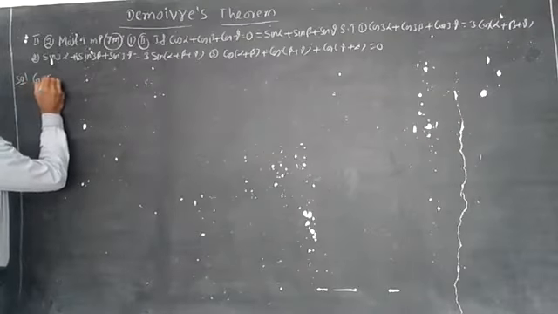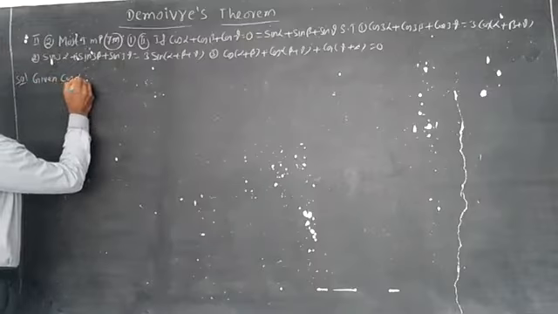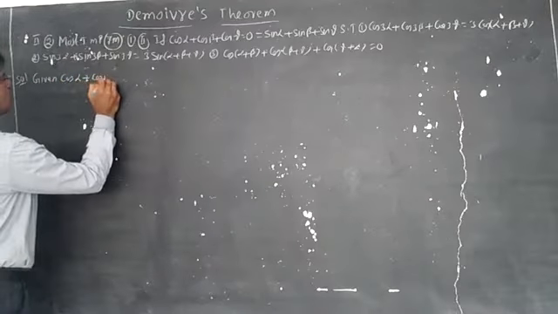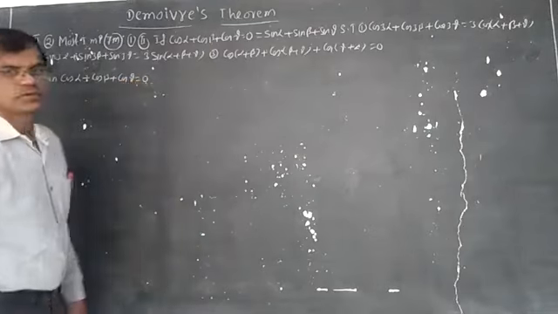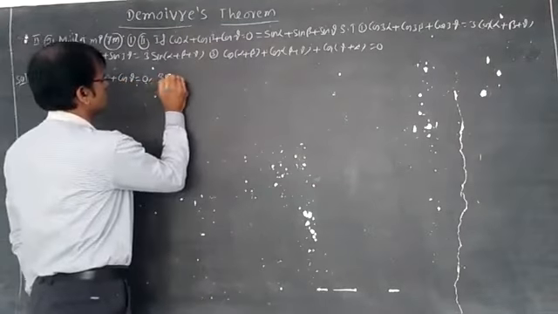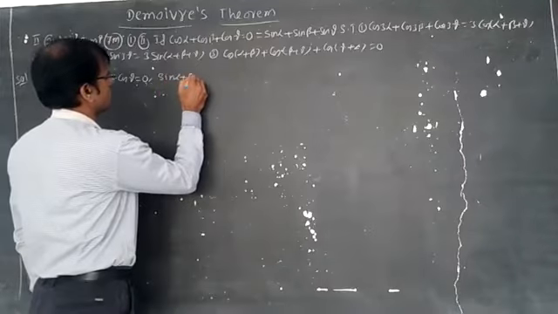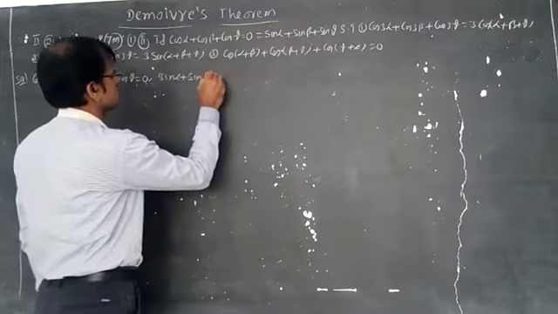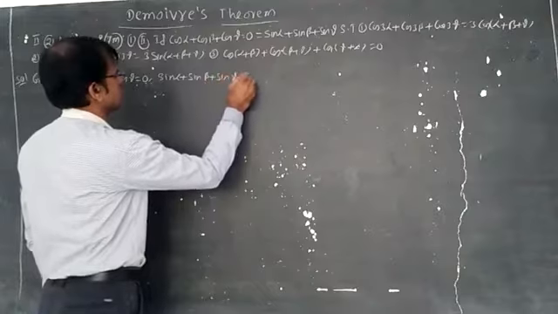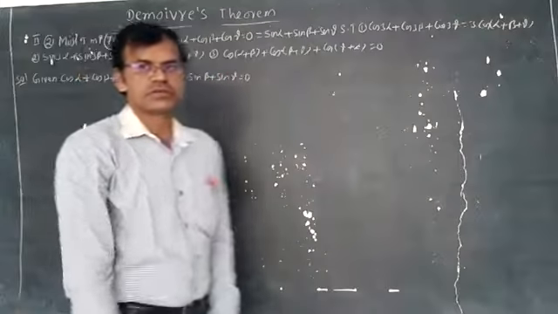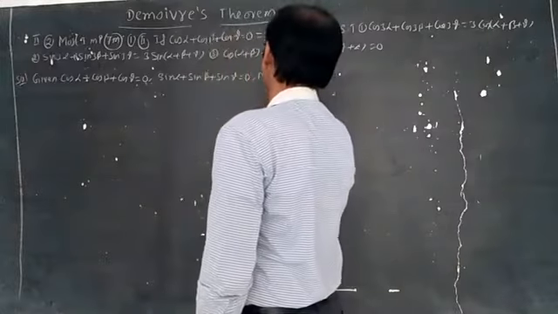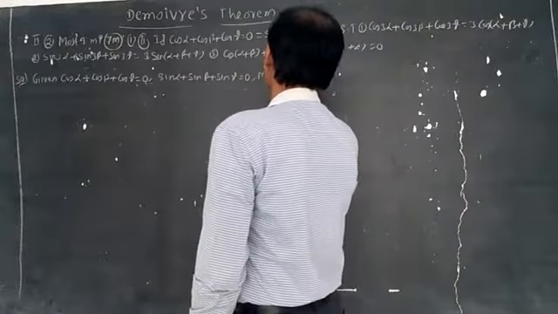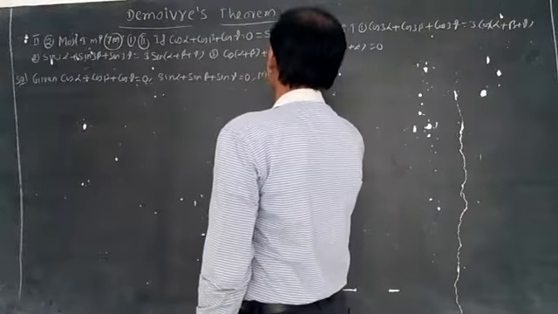Given cos alpha plus cos beta plus cos gamma equal to 0, sin alpha plus sin beta plus sin gamma equal to 0. Multiply the sine equation by i on both sides.